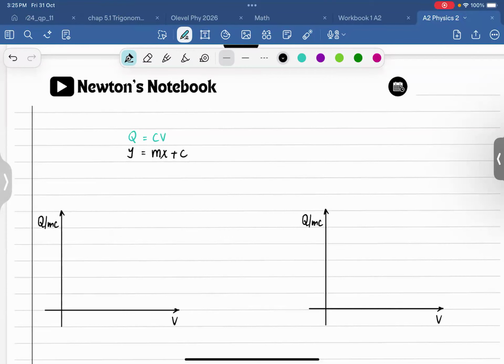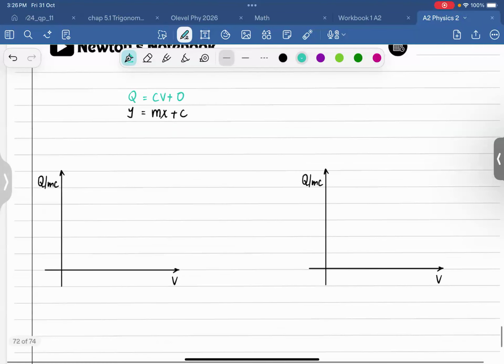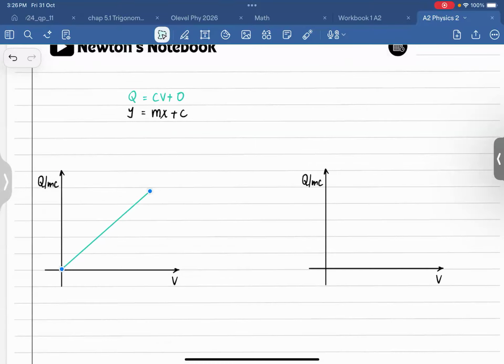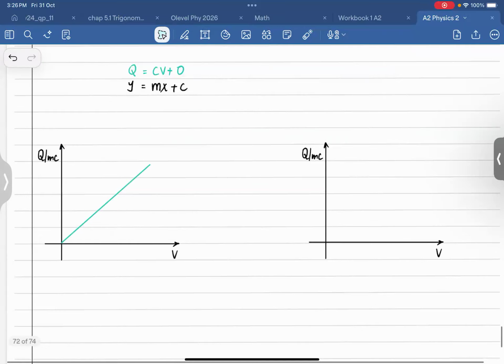We know that c is the y-intercept, and over here there is no intercept, so the graph starts from the origin. The gradient of the graph gives me the capacitance of the capacitor.